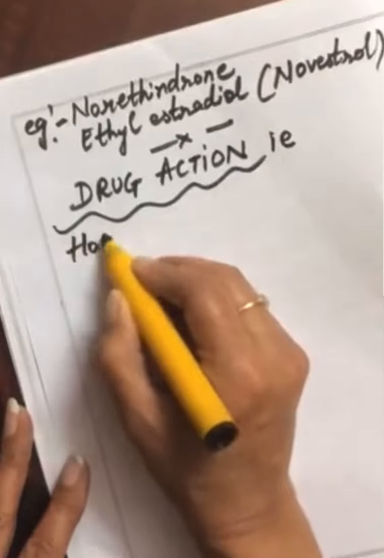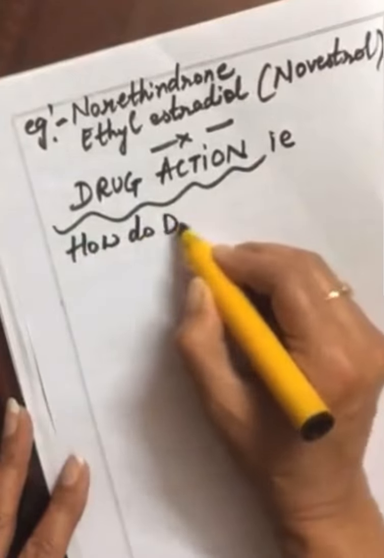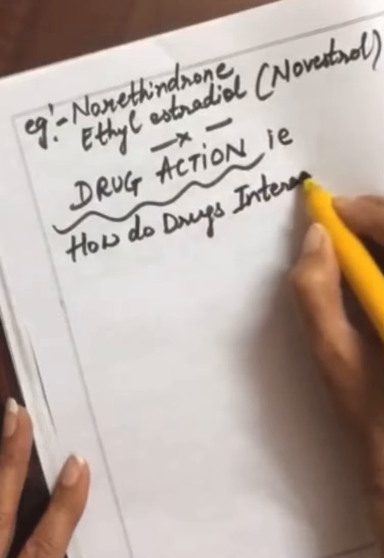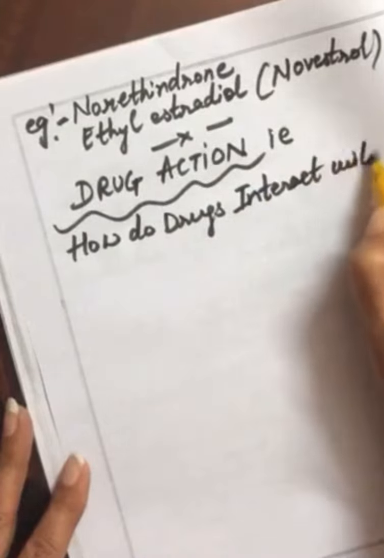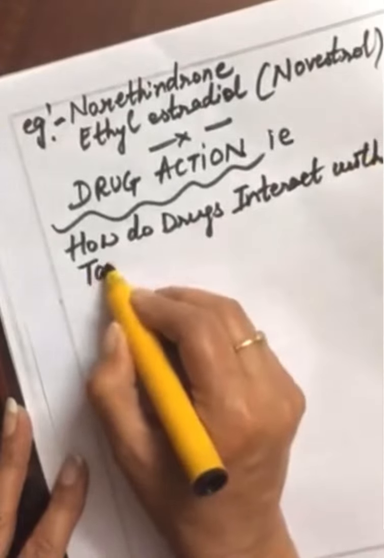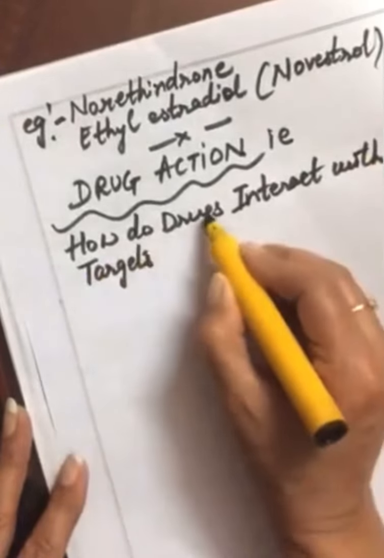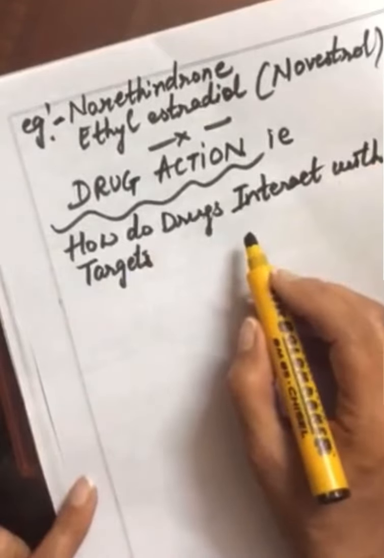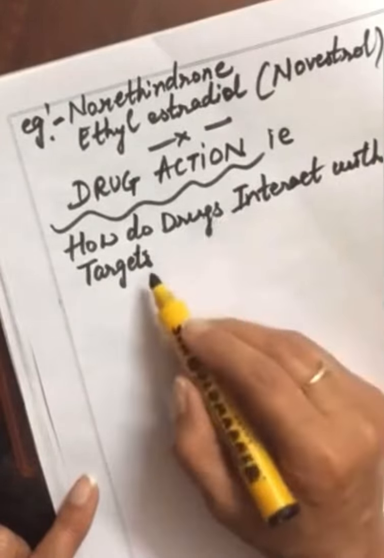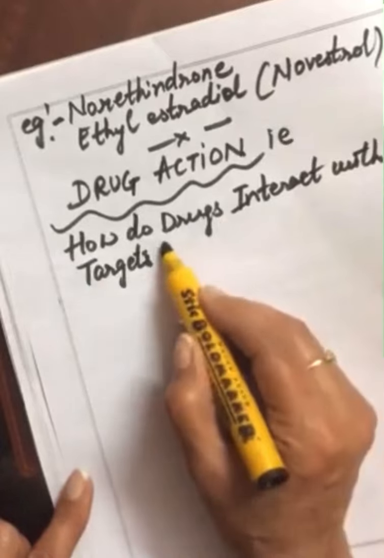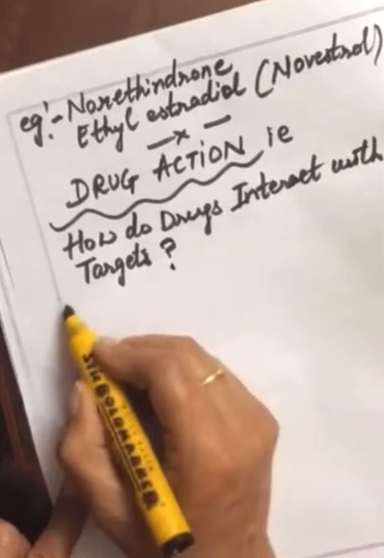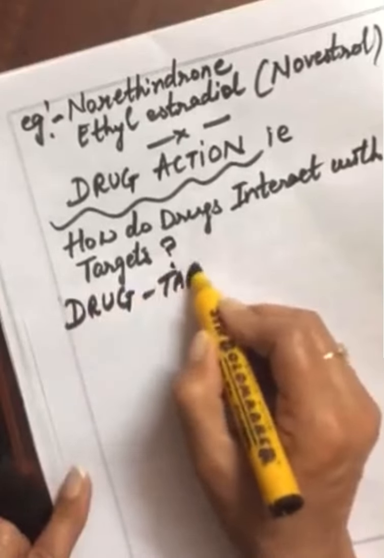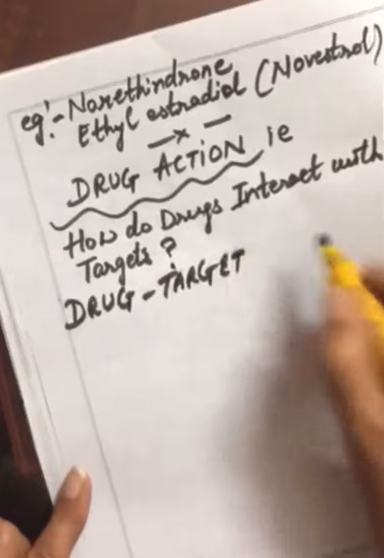That is, how do drugs interact with targets? Targets, I told you, are biomolecules. Drug targets are the biomolecules in our bodies. So this is drug target interaction.